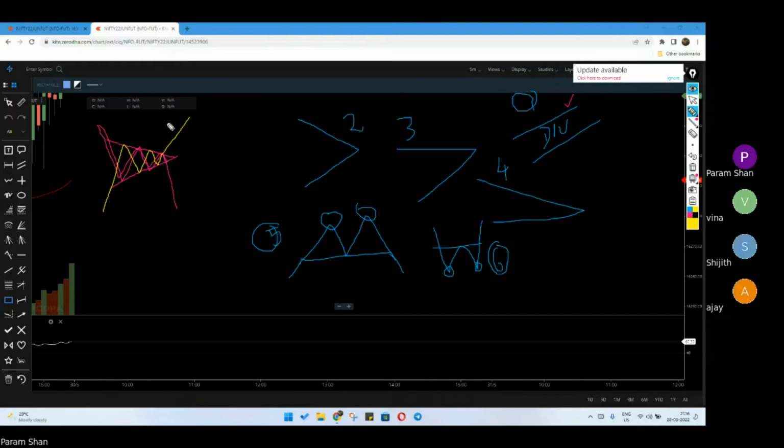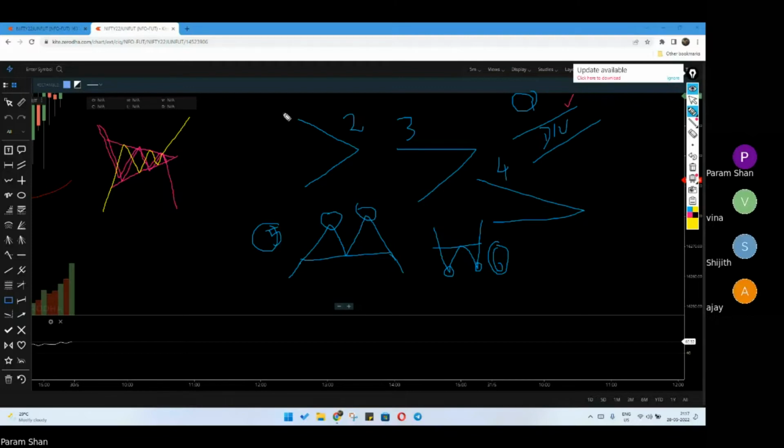The most probable direction would be where the origin started. Is it towards down or towards up? If it is towards down, then it will consolidate, create this symmetric triangle pattern, and break down. If it is coming from the bottom, then it will again consolidate, break this symmetric triangle and go up.